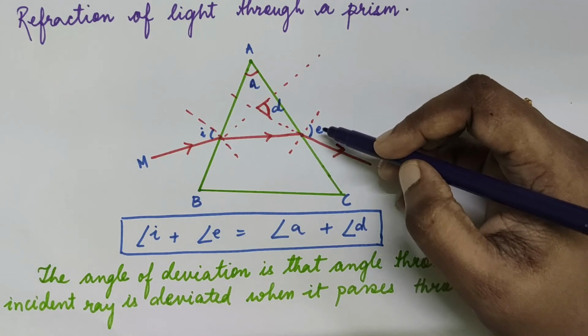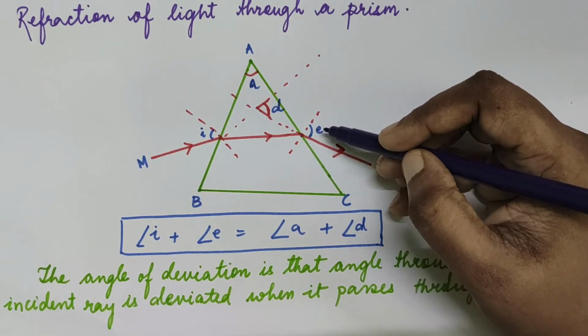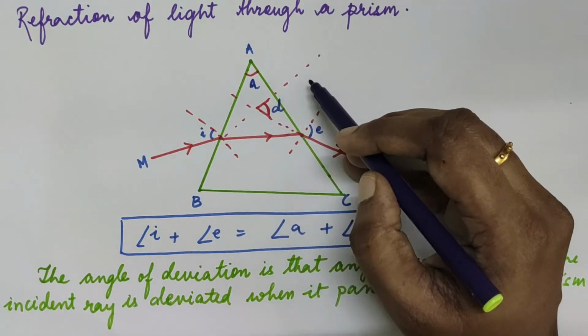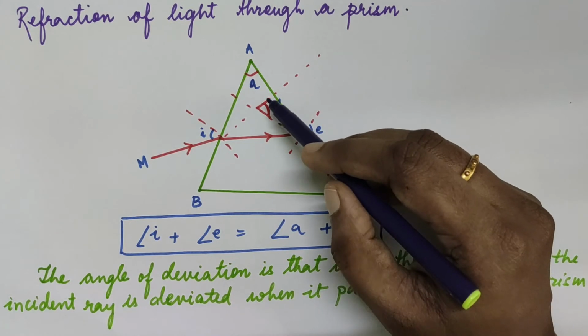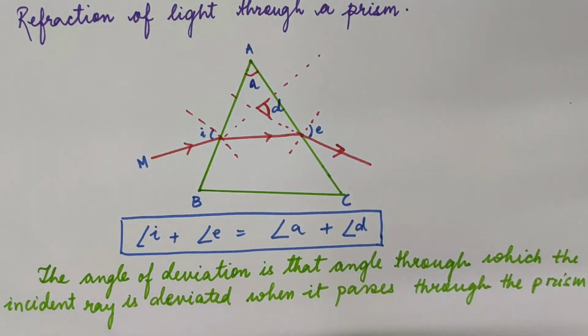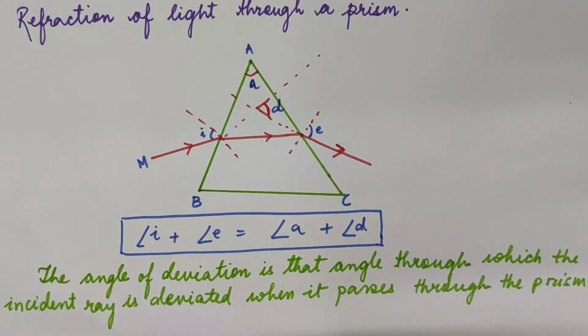The angle that it makes with the emergent ray and the normal is the angle of emergence, taken as E here. And if I extend this incident ray and the emergent ray, the angle formed between them is known as the angle of deviation. It is the angle through which the incident ray is deviated when it passes through the prism. That's how you define it.